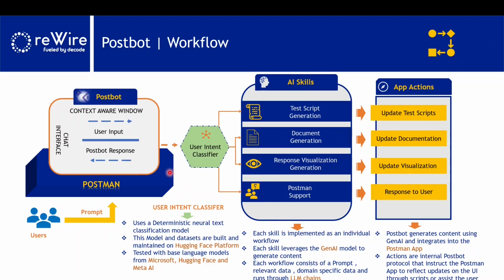I hope I have given an overview of the Postbot workflow, and how the required skills were planned and implemented in this GenAI assistant. This is my take: for any assistant or technology, it is good to know how it is developed, so that we can leverage it in different ways.